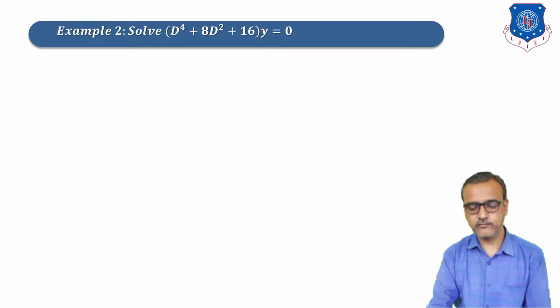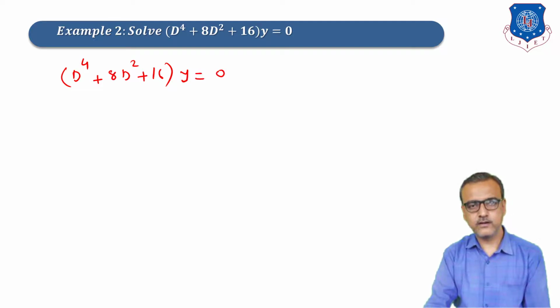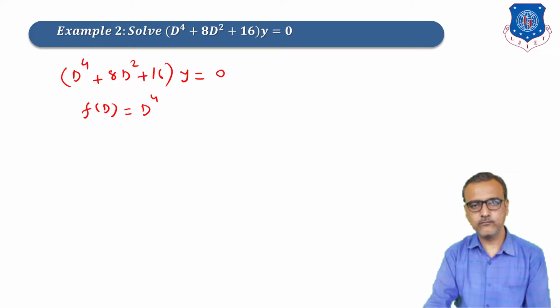We have to solve this differential equation, that is D raised to 4 plus 8D square plus 16 y equals 0. Now here f of D is D raised to 4 plus 8D square plus 16.